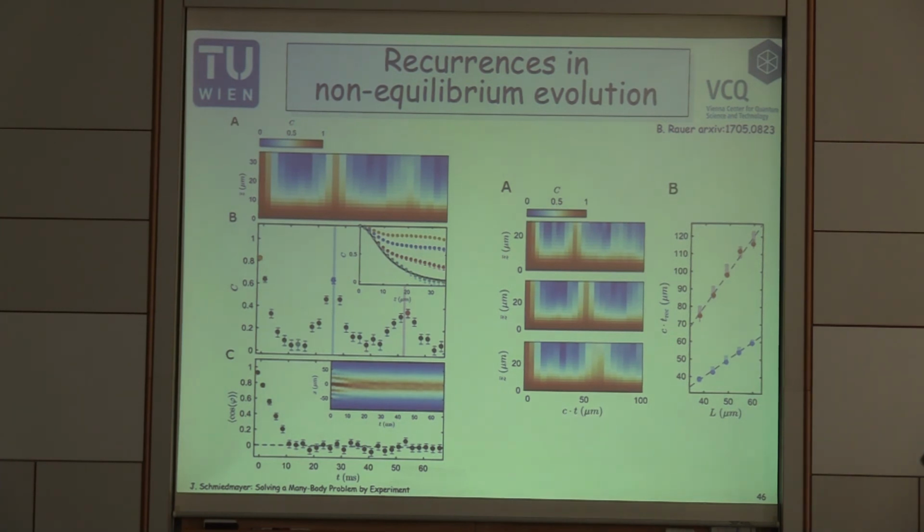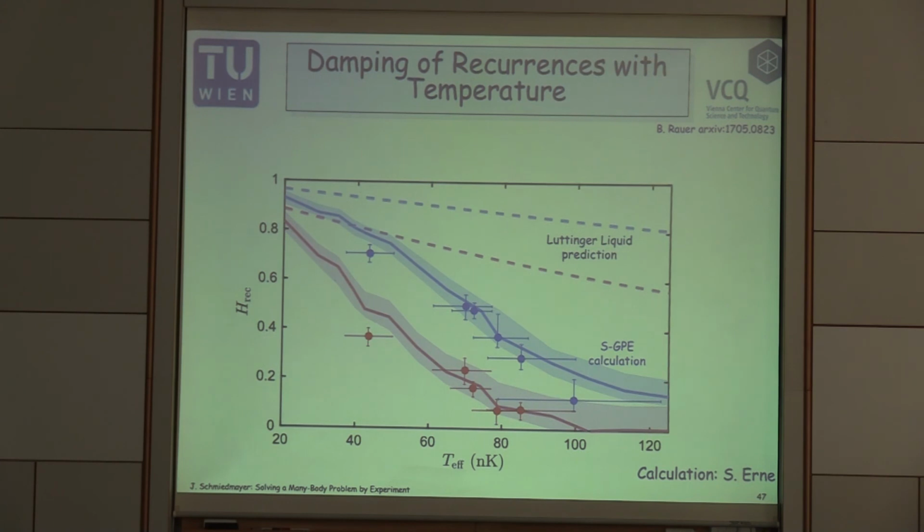And this allows you to give a completely different insight into a quantum many-body system. Because this is, for example, how these recurrences go down with temperature. And usually the recurrences happen at a time when you already had a classical density matrix before.